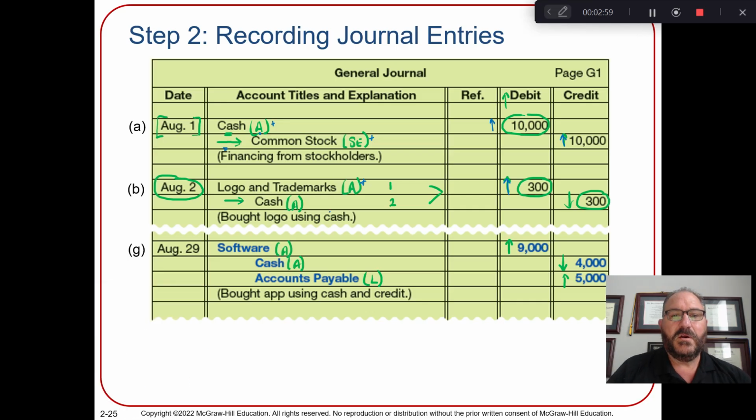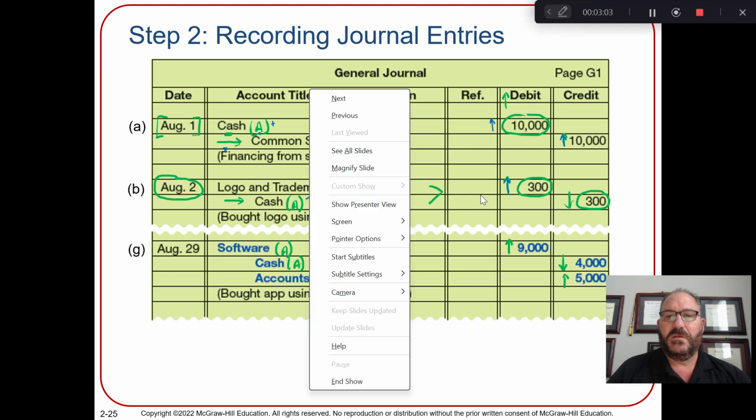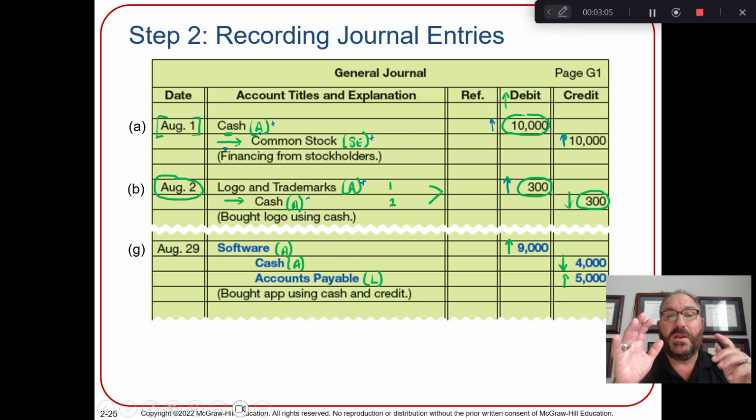All right, so here this asset decreased. What wound up happening here, we just traded one asset for another. So notice this asset goes up, this asset's going down. And then finally this one, this is what's called a compound entry. Here what happened was we got software for $9,000 and we paid cash for parts, so this asset's increasing.